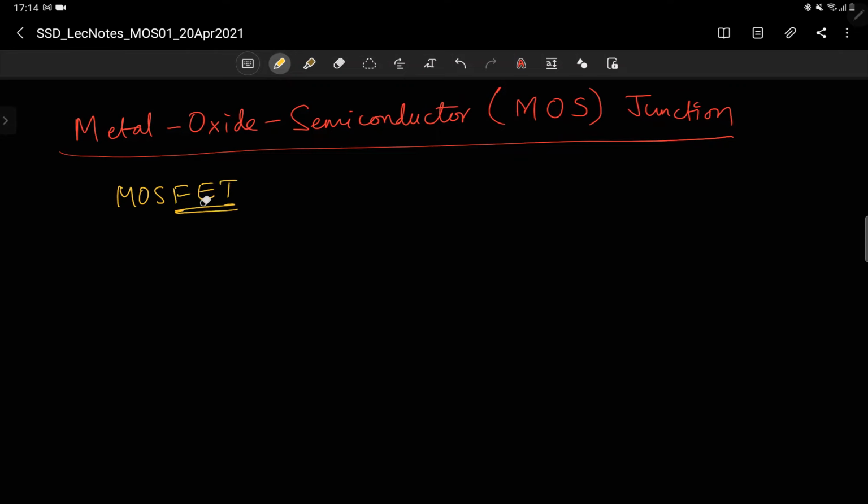Why is it called field effect transistor? We will see later, but yeah, we can see it now, and then give motivation to study MOS junction first. Okay, so what is field effect transistor? Actually, before bipolar junction transistor, field effect transistor was proposed. So let us say you have, okay, horizontal or vertical, I'll write.